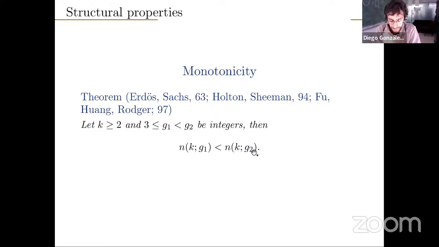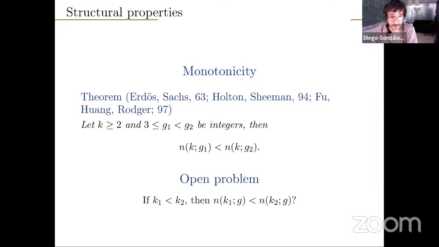That sounds natural. If we fix the degree and we increase the girth, it's natural that the order of a cage also increases. So this is the girth monotonicity, and a natural question is whether we have the same for the degree. And this is an open problem.